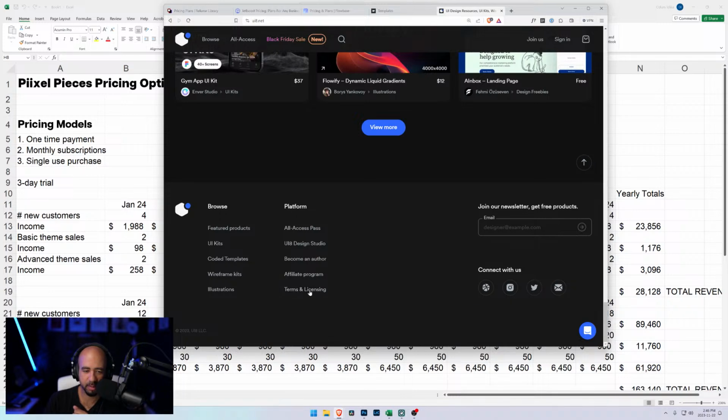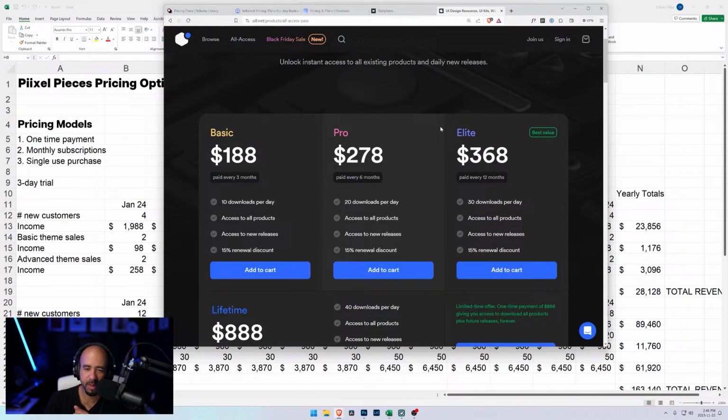Affiliate program. I guess all access pass. So these guys are interesting. They cap how much you can actually download. So I guess you could probably do that with Pixel Pieces, where somebody clicks copy, and it's like, okay, well, you only have 10 copies a day or whatever. Which I wouldn't even want to try to build something like that.